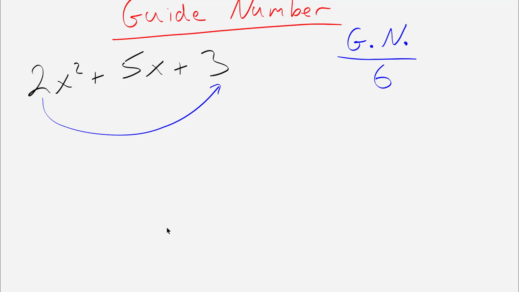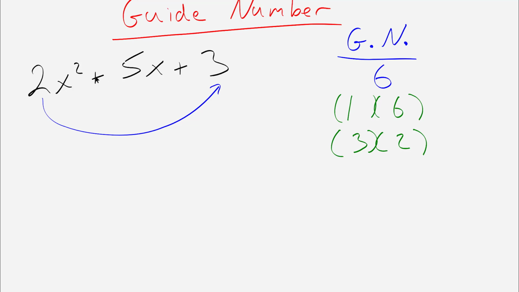Okay, what is the next step? What we have to do then is take this number 6 and get its factors. The factors of 6 for this example could be 1 by 6, or maybe it's 3 by 2. So we've two sets of factors for 6. Which one of these sets are we interested in?